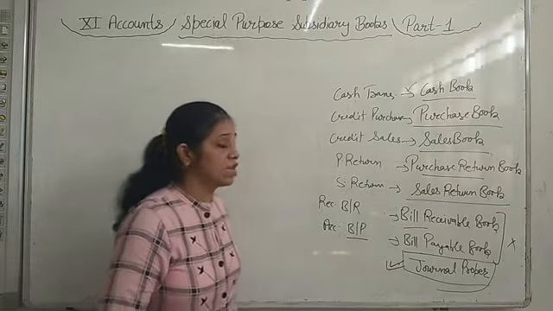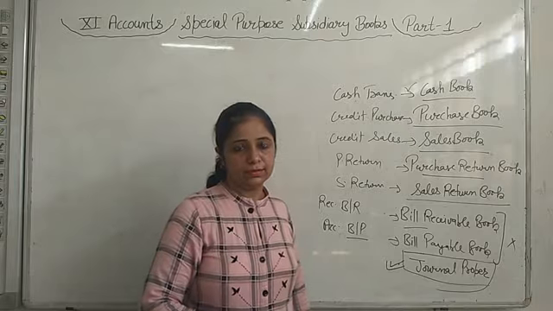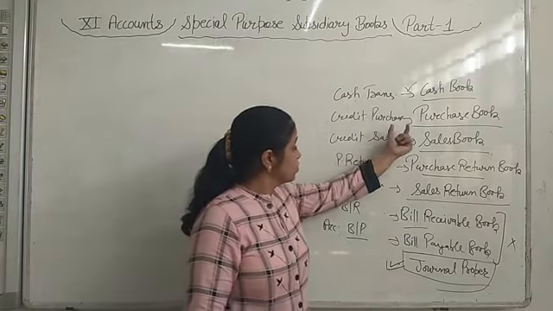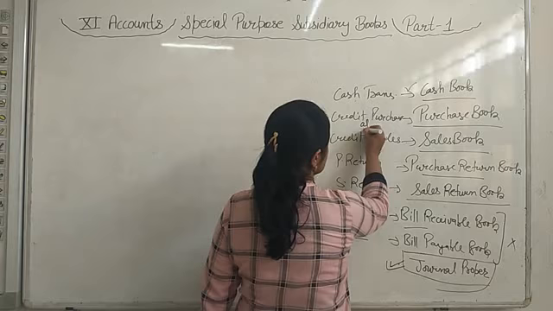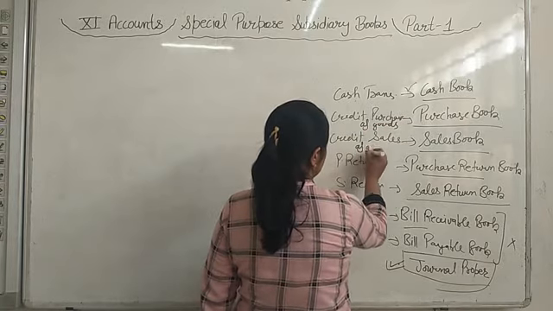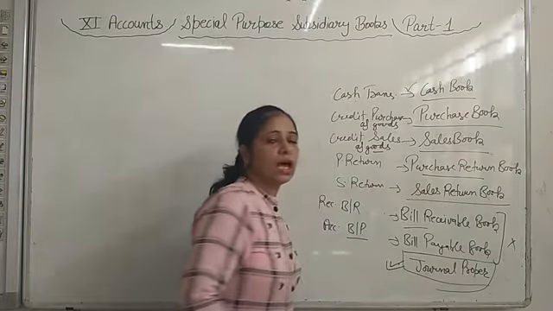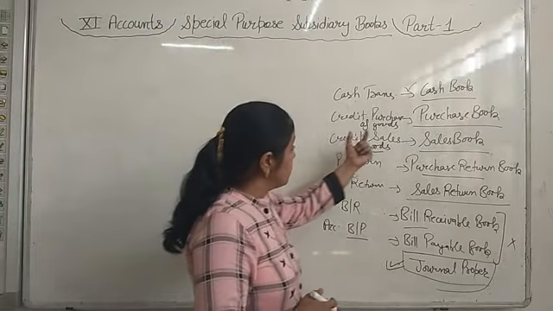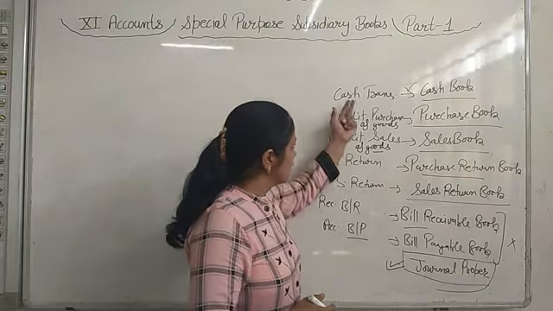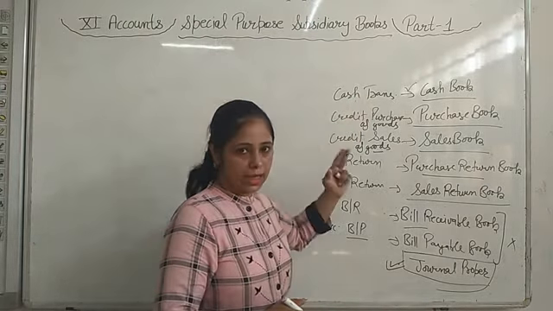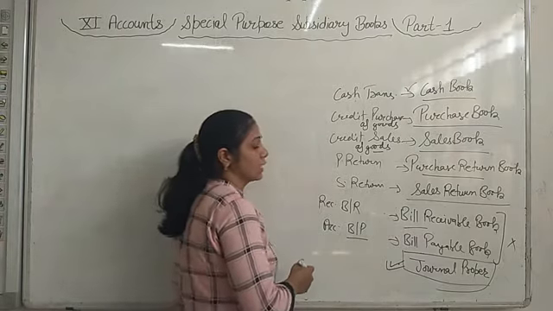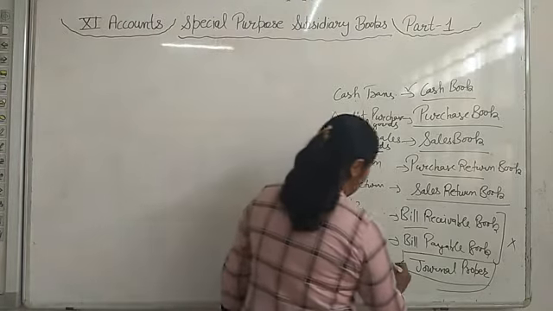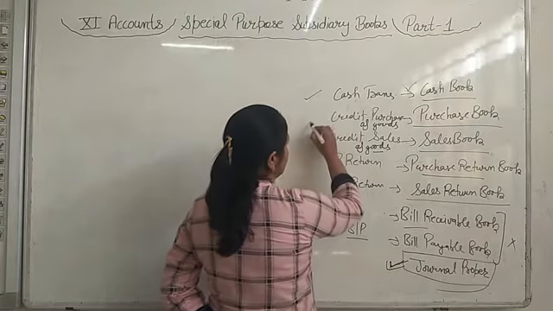But if business has purchased assets on credit, we purchase assets, not goods. In the purchase book, only credit purchase of goods is recorded, so this will go in the journal proper.